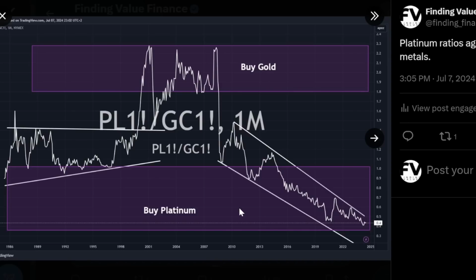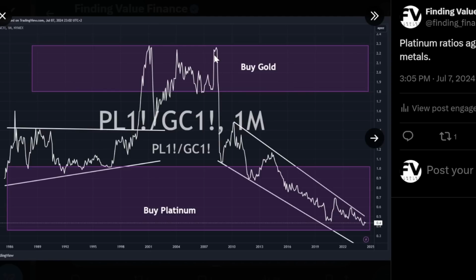So if you were to do the math, and we'll just do an easy one, if you had purchased gold at a 1-to-2 ratio, where 1 ounce of platinum could buy 2 ounces of gold, you buy gold here, and then you swap your gold for platinum down at, let's just say 0.5, which is slightly higher than where we are today, you would get 2 divided by 0.5 is 4 times your metal.